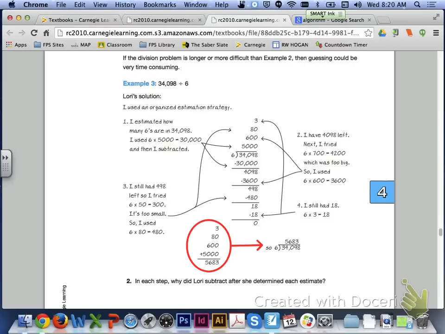The last thing she had to do was add up all of her organized estimates for this strategy, and that would help her come up with her quotient. When you add up all of those organized estimates, you see that 34,098 divided by 6 gives you 5,683 for your quotient.